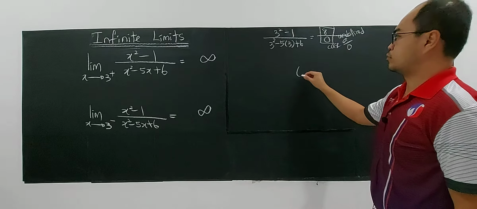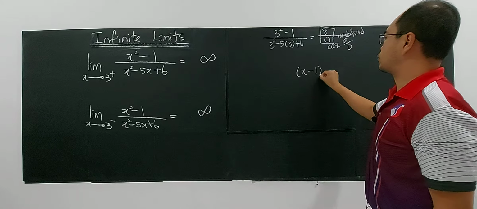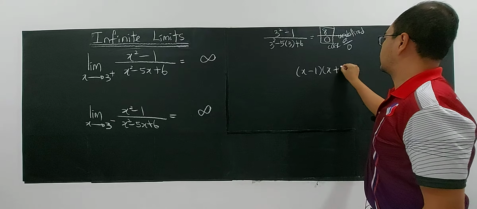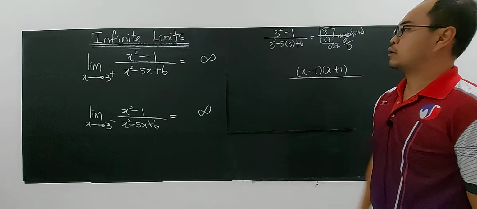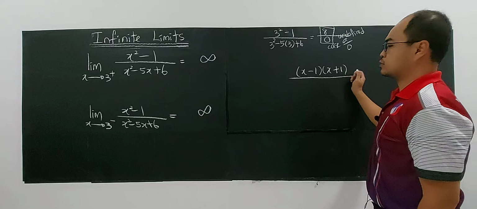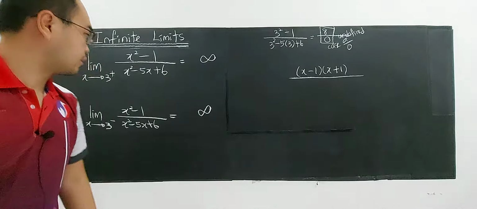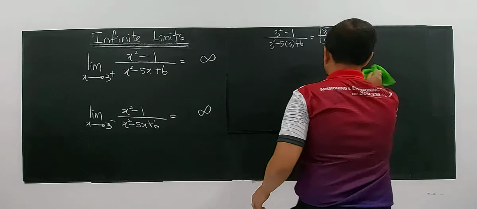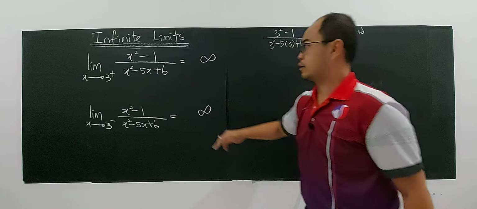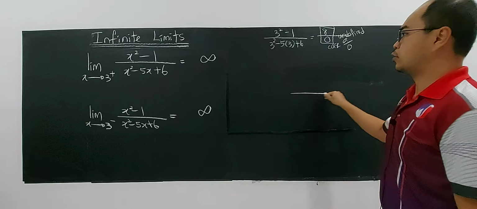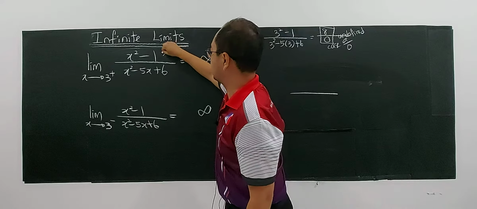So for example, you look at here, x squared minus 1, you can rewrite it as x minus 1, x plus 1. Okay, I don't think you need a factorization here. So I only factorize the denominator, because I know that this one for sure is a positive number.